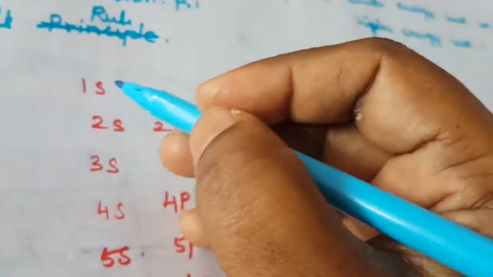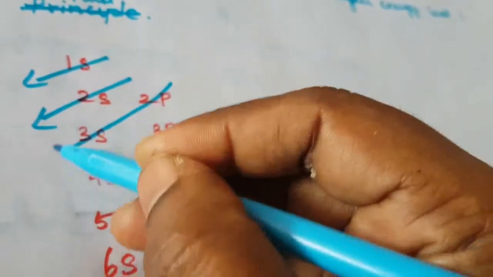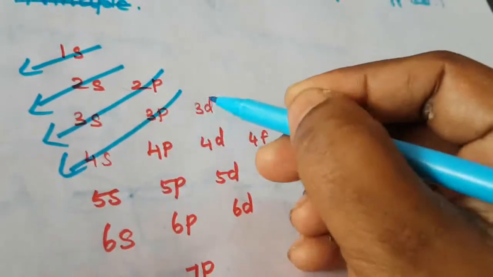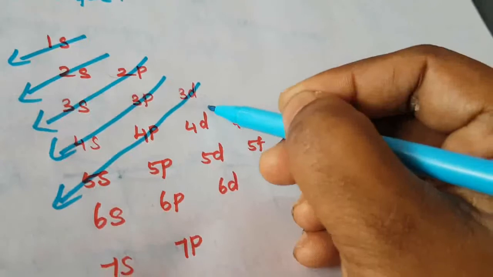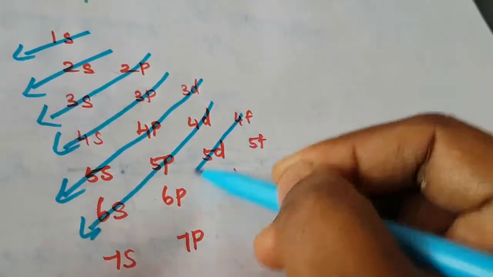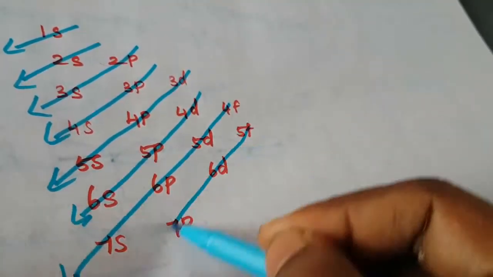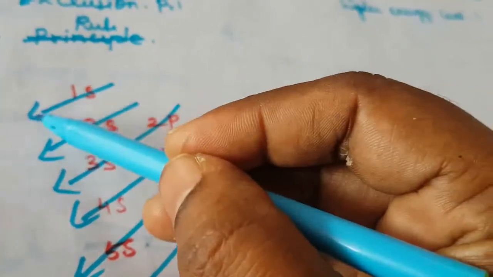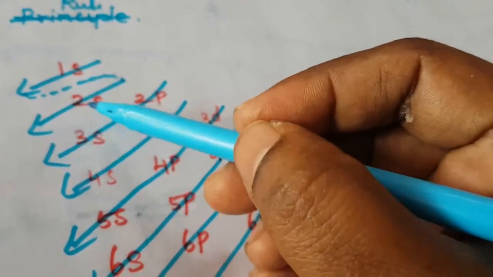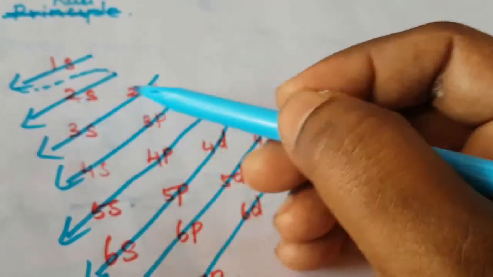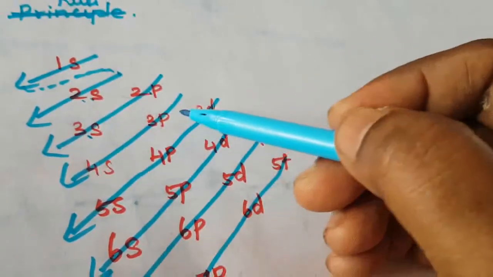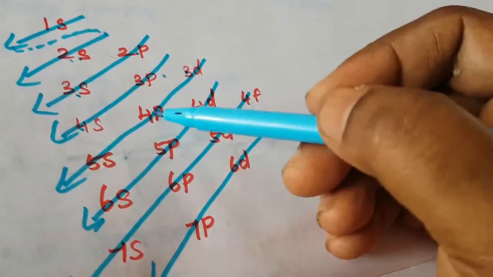How is the order? First one is 1s, then 2s, then 2p, 3s. This is the way you can read these orbitals. Starting from 1s, then you read from 2s, following the arrows from the back side onwards. Then 2s, 2p, then 3s, 3p, 4s, 3d, 4p, 5s.